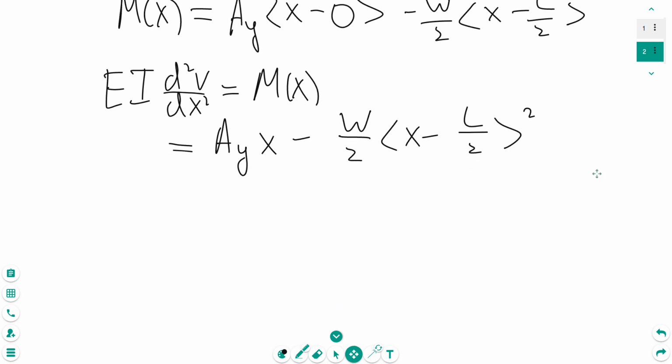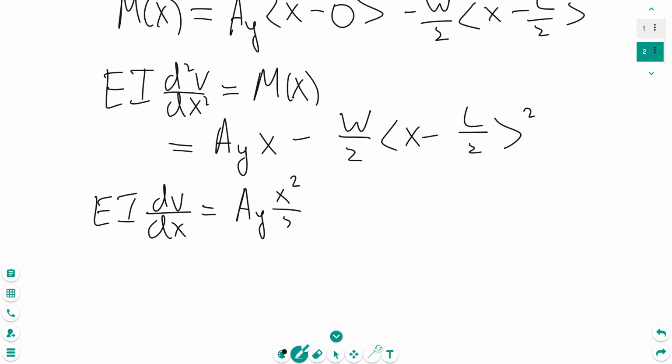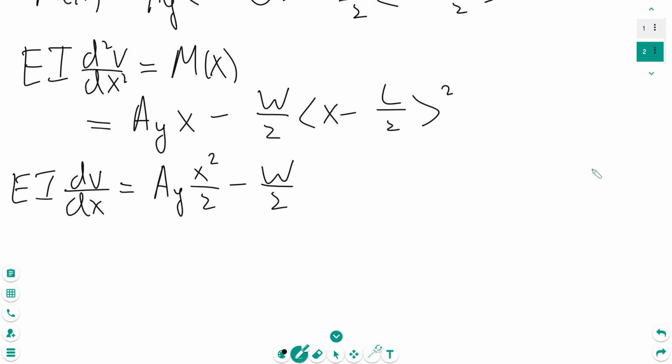I can then find the next step corresponding to dv/dx by doing a simple integration. I get that AY times the integral of x, which is x squared over 2, minus W over 2 times the integral of x minus L over 2 squared, which is simply that same function cubed divided by 3, plus an integration constant that we'll call c1.